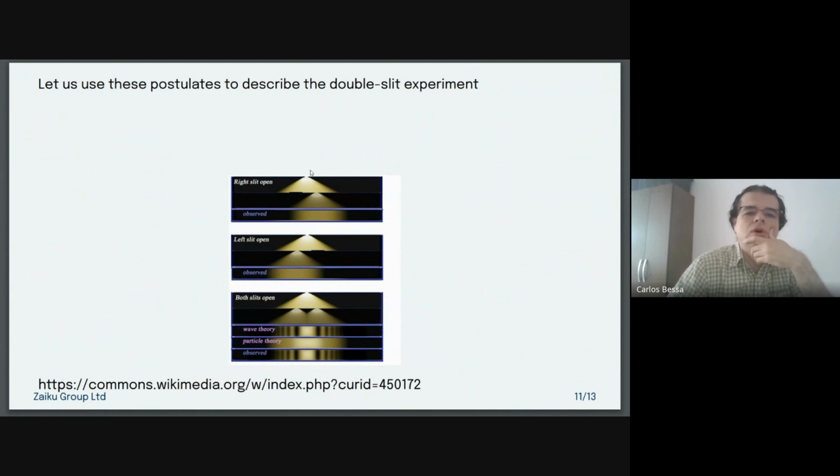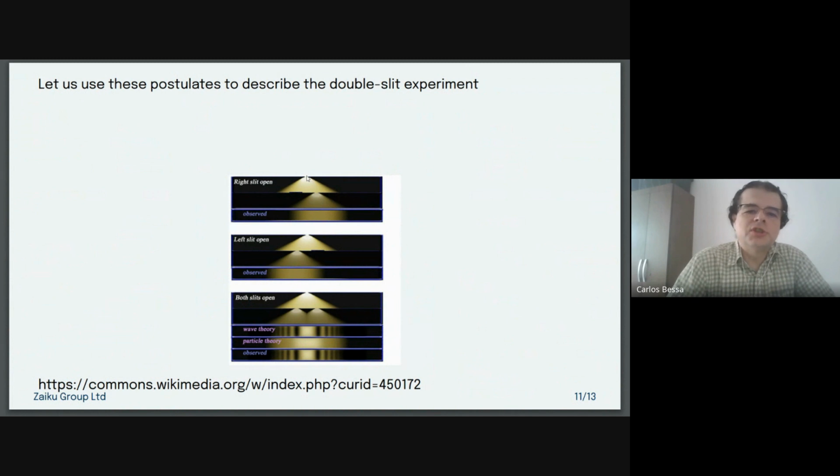Today people can make this experiment using them. I will always refer to this experiment with electrons, because I think it's better than using light, since the effect is maybe more impressive.